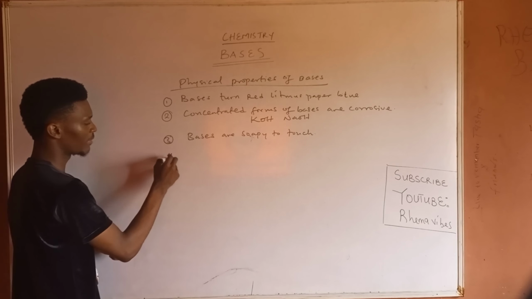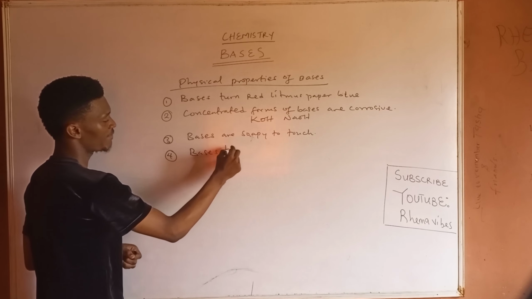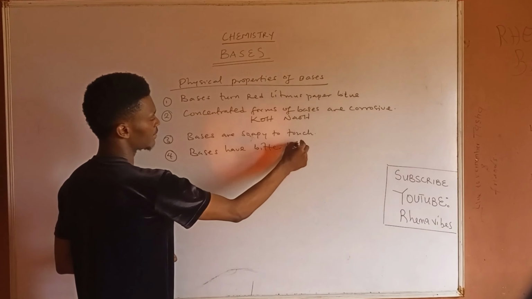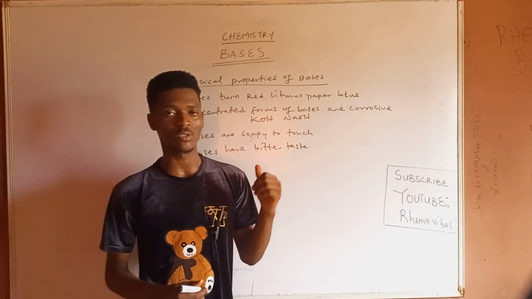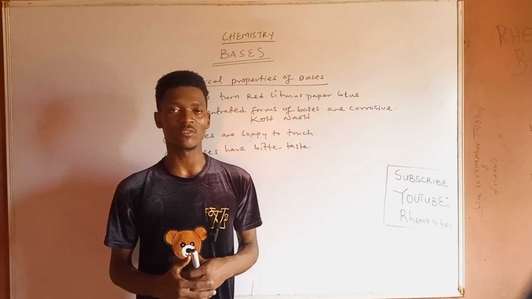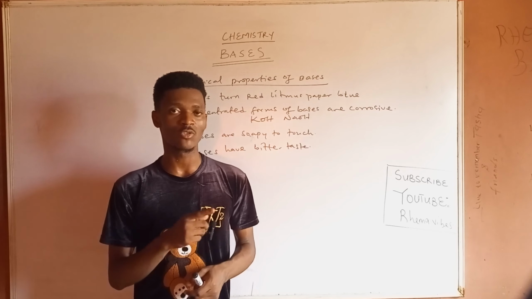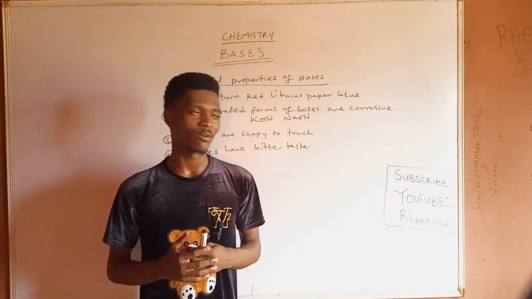Then number 4, bases have bitter taste. Now remember, for acids they have sour taste, but for bases they have what? Bitter taste. And what is responsible for the bitter taste of bases is the hydroxide ion that is usually produced by bases that constitutes that bitterness of taste.